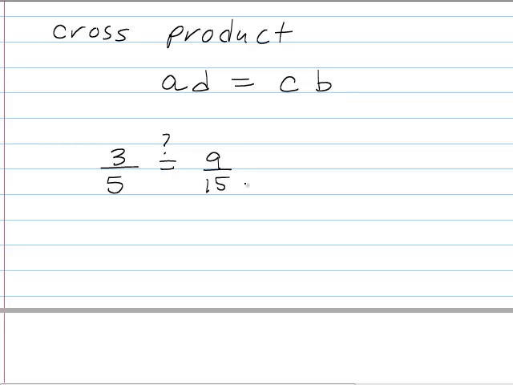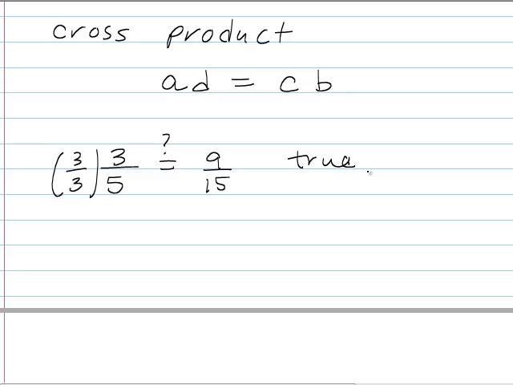Now there's several ways to look at this, and you can say in your own mind, what did it take to multiply 3 to get to 9? Well, that would be 3. So 3 times 3 is 9, then we have to take 3 times 5, which is 15, and we can see that this is indeed a true statement. So this we would say is true.